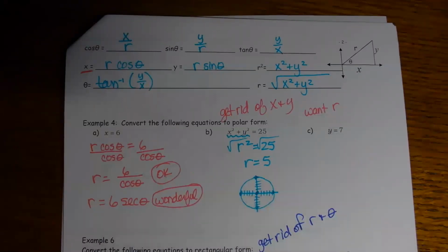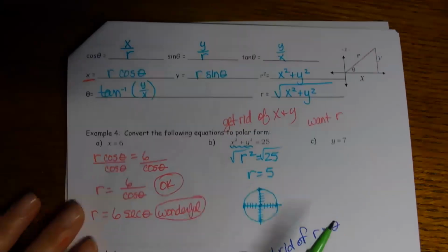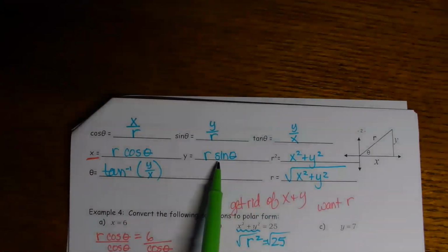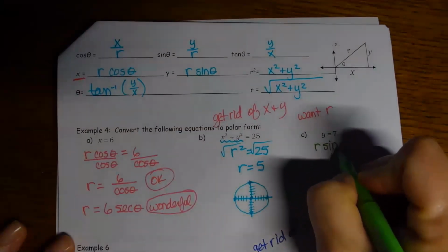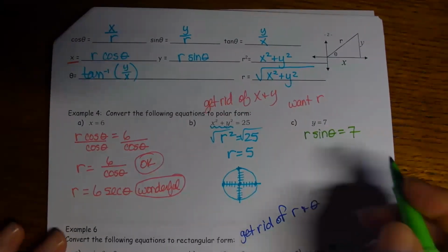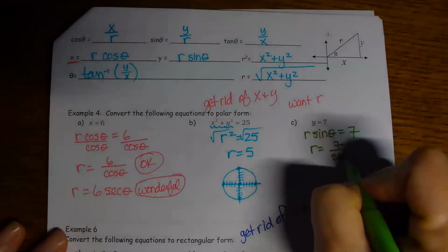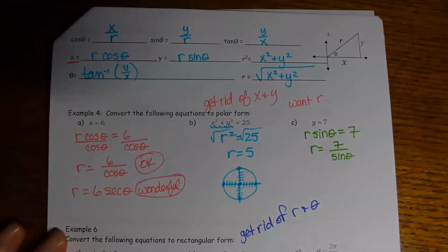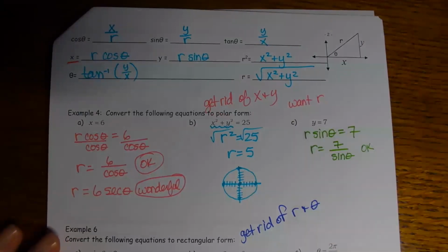All right, this one I know you're going to have without my help. So y equals 7. Do you have another name for y? Right up here, what is y called? R sine theta. Can you get the r by itself? And what am I going to say about this answer? It's okay. It's not beautiful.